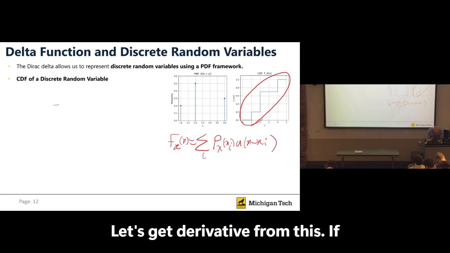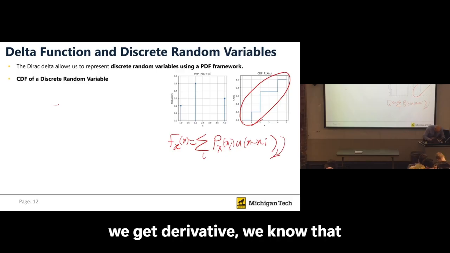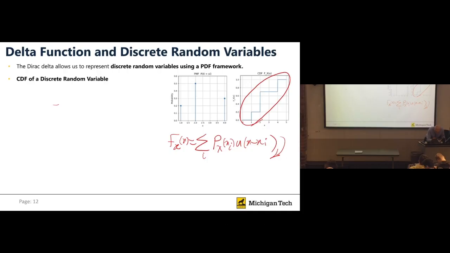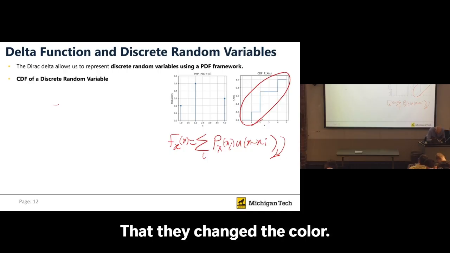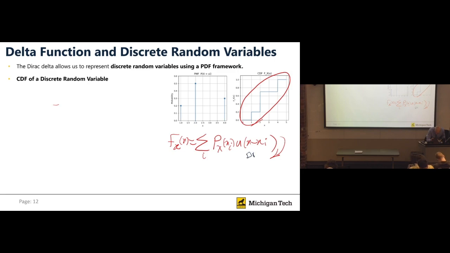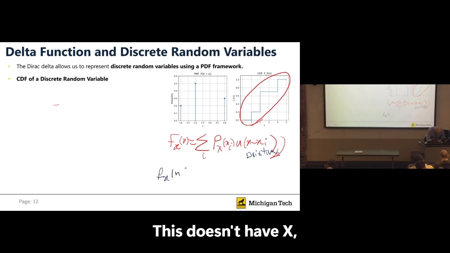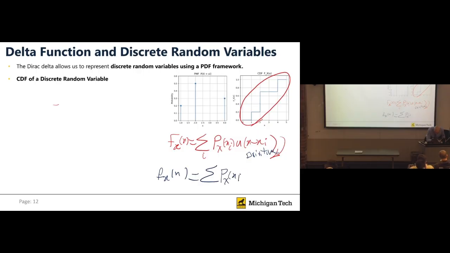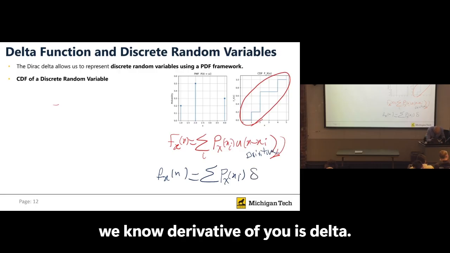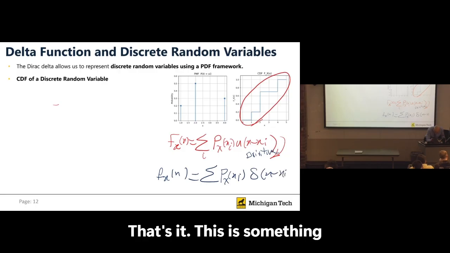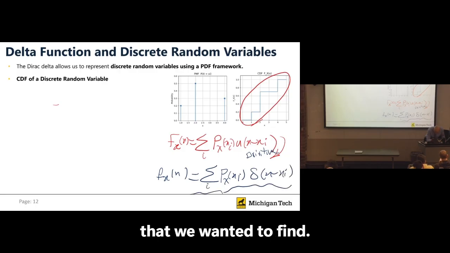That's interesting. Let's take the derivative of this. We know the derivative of the CDF is going to be the PDF, f of x. The sum and p(xi) don't have x, so they stay. u has x, and we know the derivative of u is delta. That's it. This is what we wanted to find.